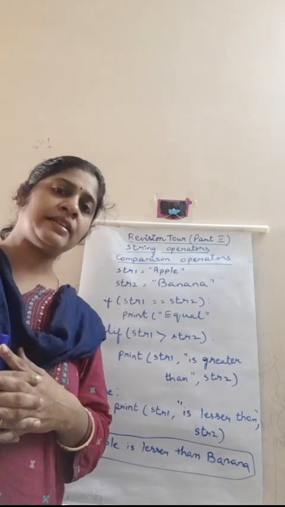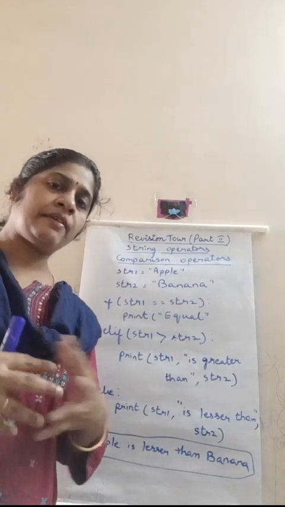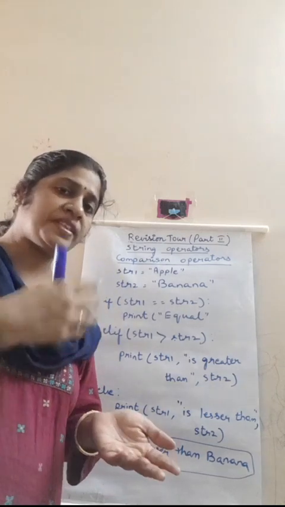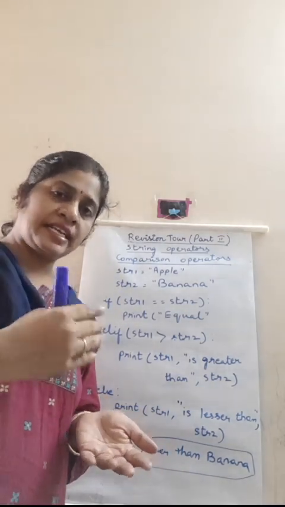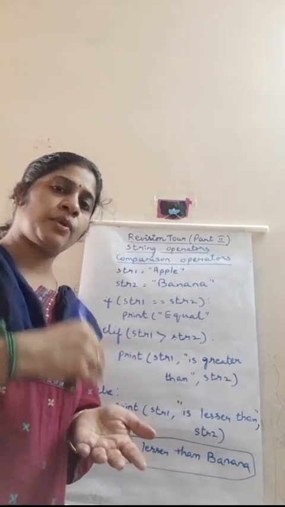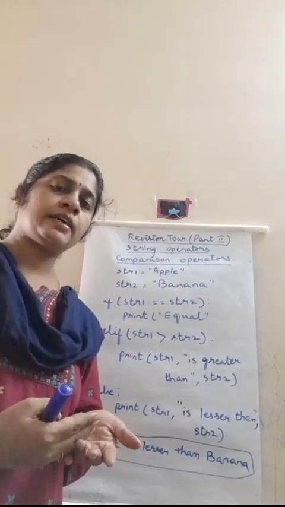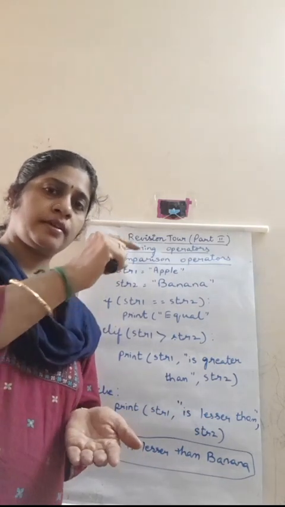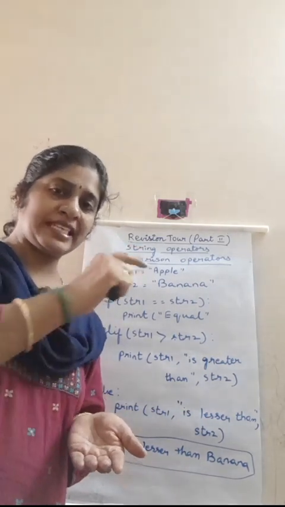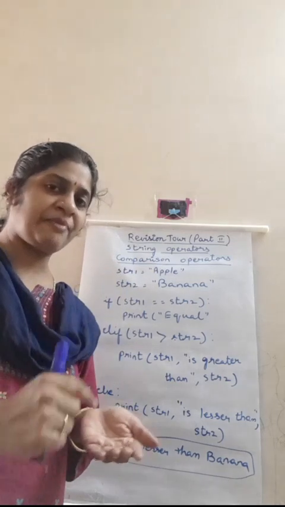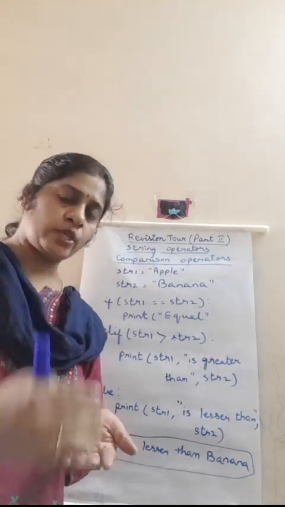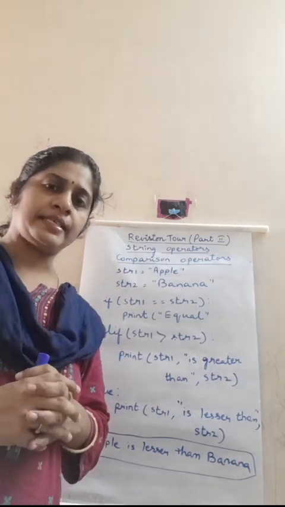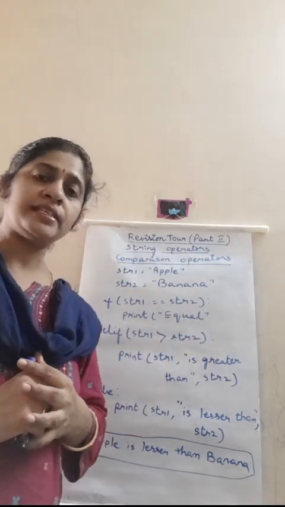So the comparison is in the form of a dictionary. Just as we search for a word in a dictionary, first the first letter, then the second letter. In the same way, the computer, the Python interpreter, also does comparison. So this is how comparison operators work.